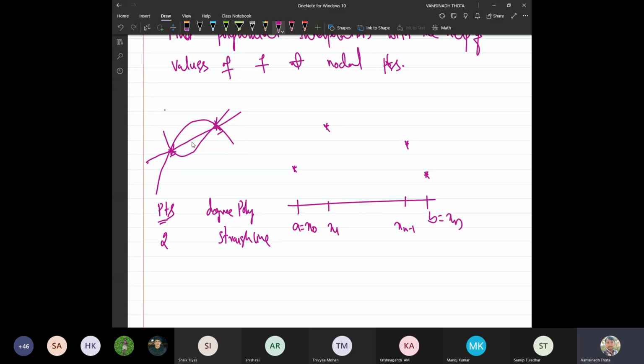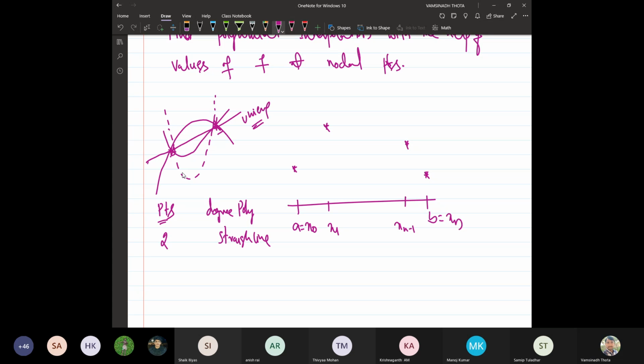Someone may come and say, this is my approximating polynomial. So there is something called lack of uniqueness. Lack of uniqueness, right?